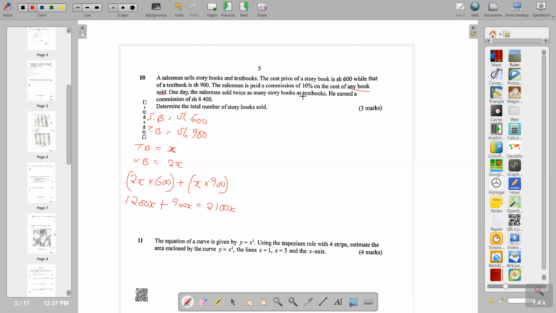So he was given a commission of 10% of 2,100X, and the total commission he received was 8,400. So now we need to find the value of X.